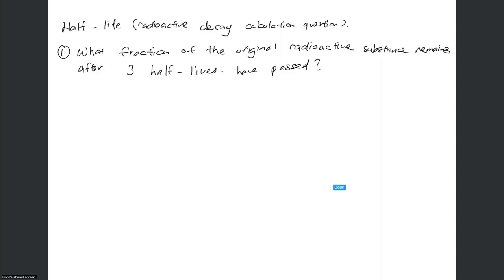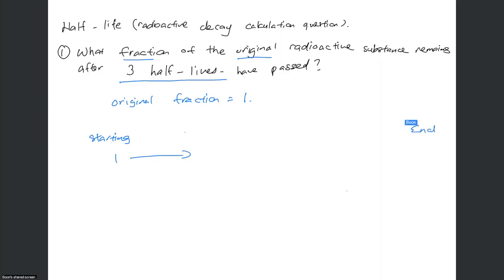The first question is: what fraction of the original radioactive substance remains after 3 half-lives? The original fraction will be 1, so the starting point is 1, and the endpoint is 3 half-lives.